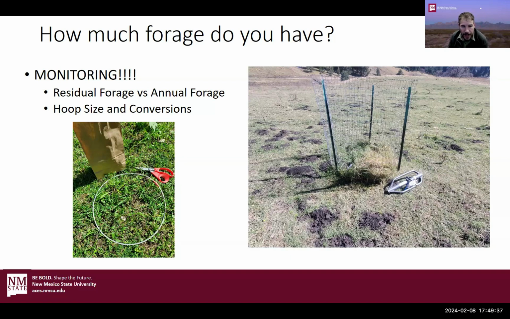I think it's called Annotated RAM, monitoring on rangelands, and it goes through the specific steps you take to collect that forage. But essentially, you clip it to the ground, collect all of that within the circumference of the hoop, put it in a bag, dry it, and weigh it.